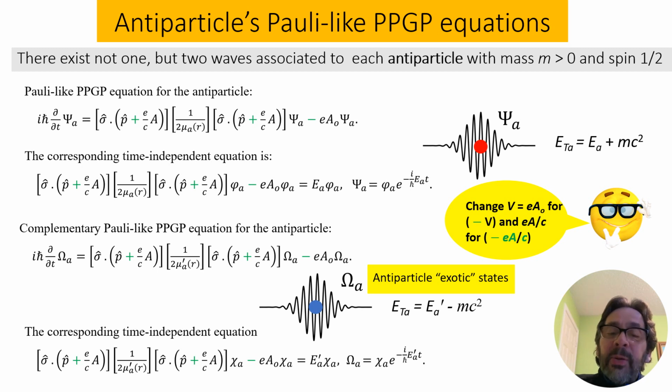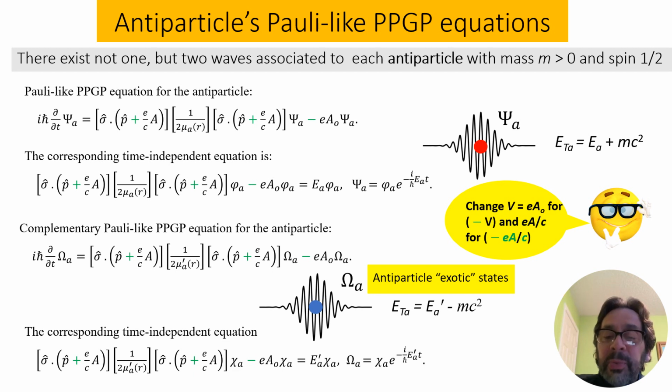The antiparticle with spin 1/2 can have energies E sub A plus mc2, or can be in an antiparticle exotic state with energy E prime sub A minus mc2.